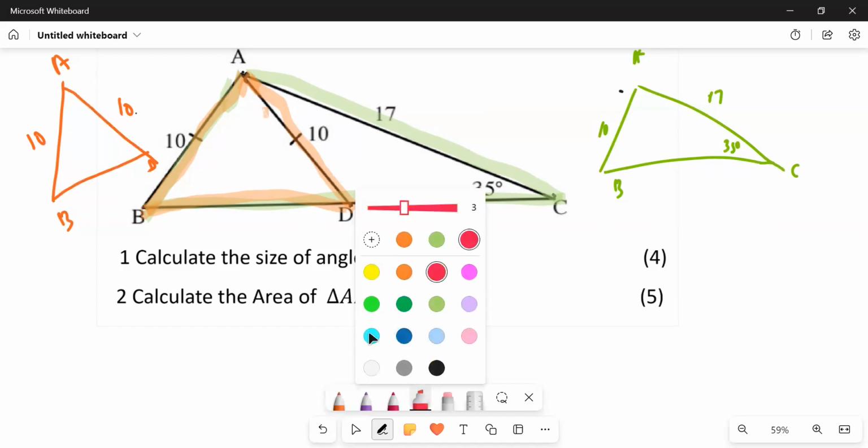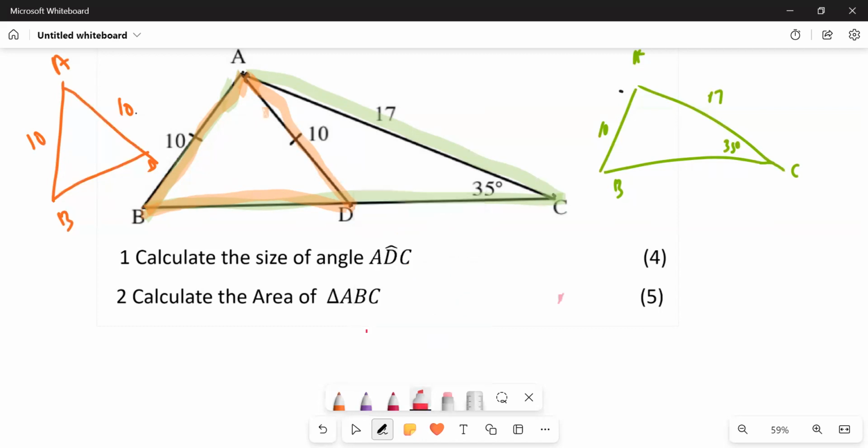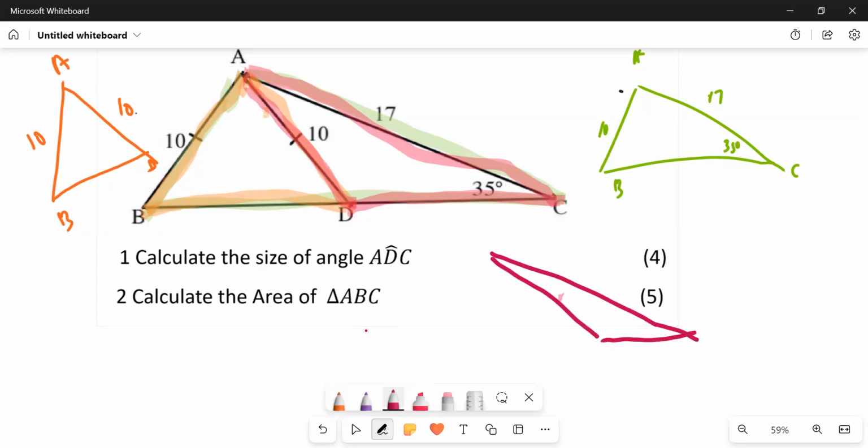Any other triangle? ADC. And you can see this one that I highlighted, it's orange and also green. We call it the common side. So we also have A, C, D. Give me the information for this one.